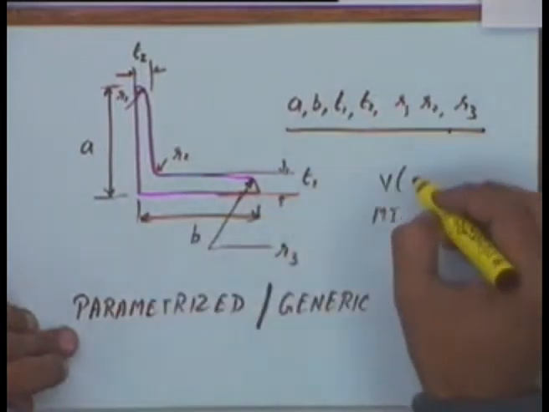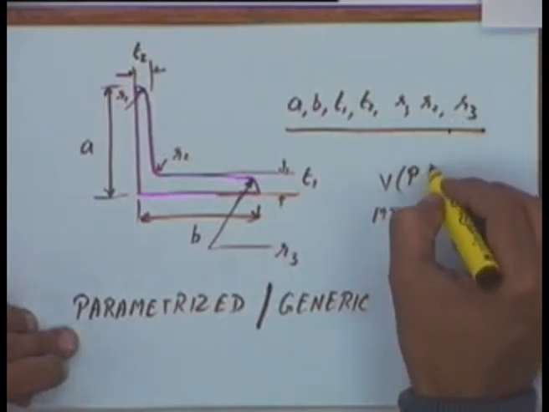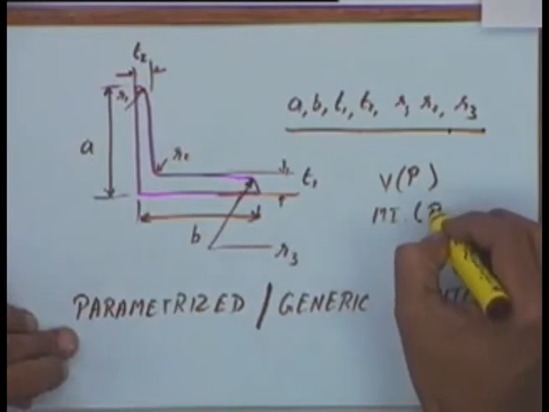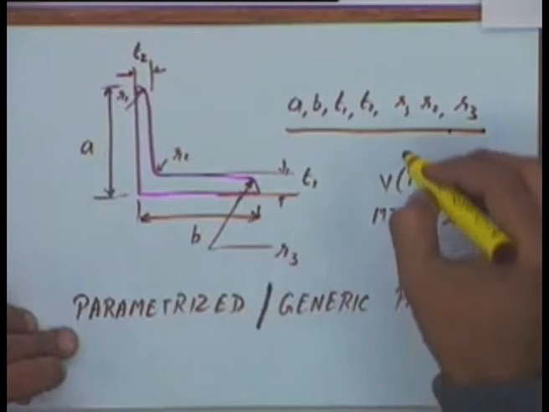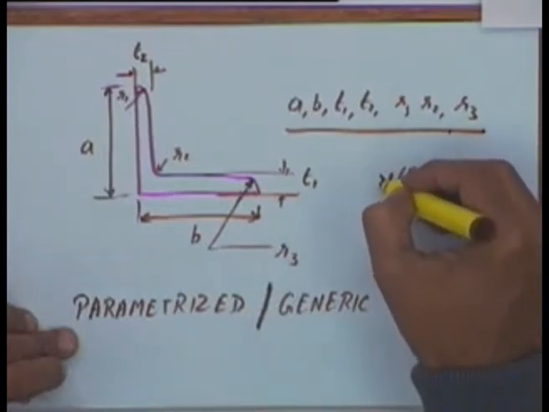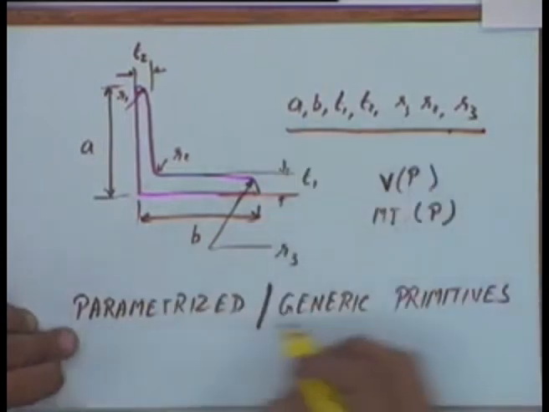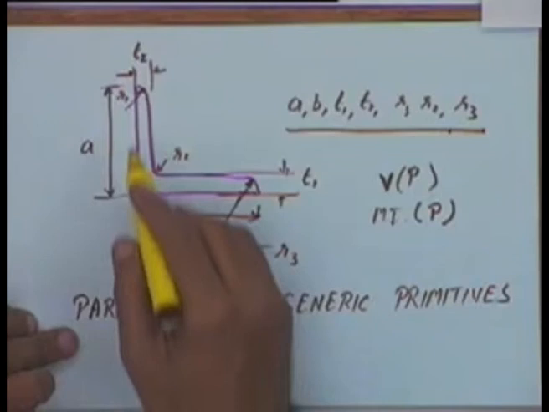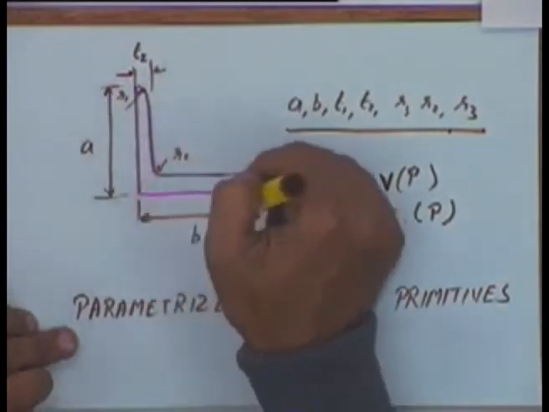The volume will be some function of these parameters, the p's. Even the moment of inertia will be some function of these parameters p. And the formulas for the volume and the moment of inertia, etc., can be stored along with the model of these primitives, so that one doesn't have to carry out a complex integration to find out the volume of these primitives.